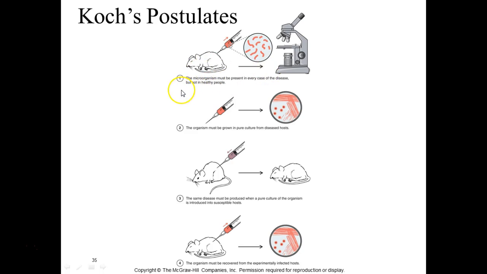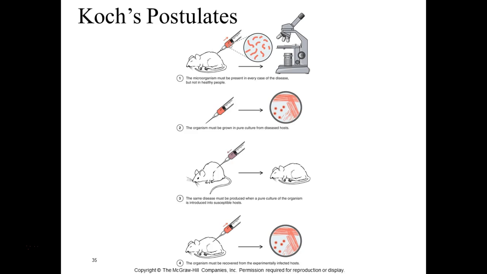So the first is the microorganism must be present in every case of the disease and not in healthy people. Is that true for all disease? Some people get exposed even. And do they get sick? No, because their immune system saves them.